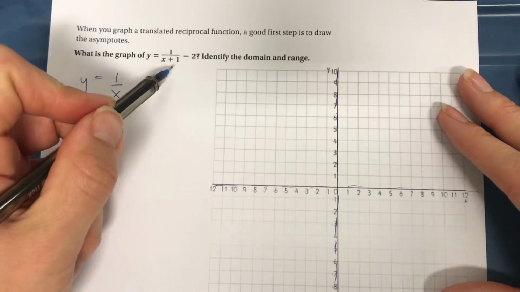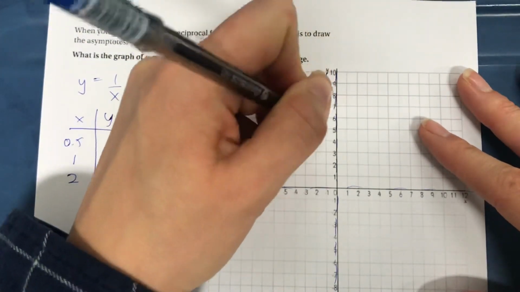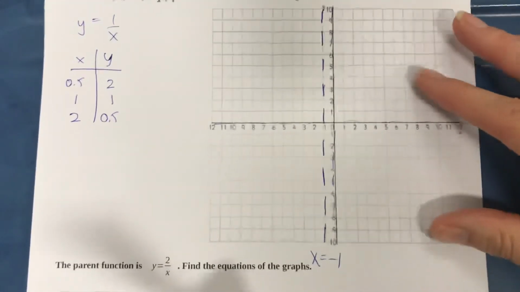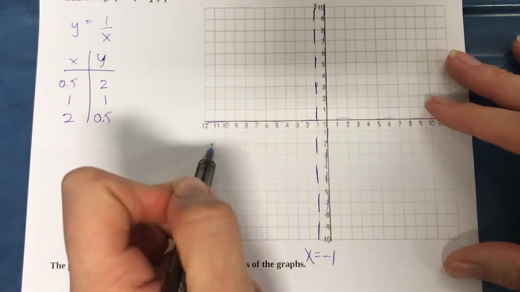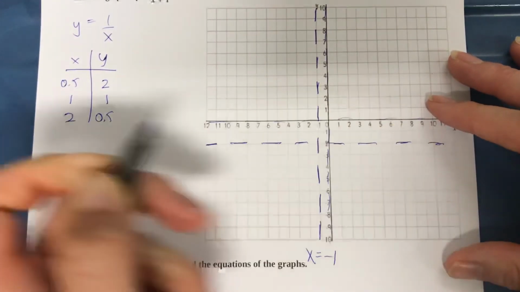I'm moving left 1 and down 2. So that means my new asymptotes will be at x equals -1 and y equals -2. So this is where my graph will be focusing.